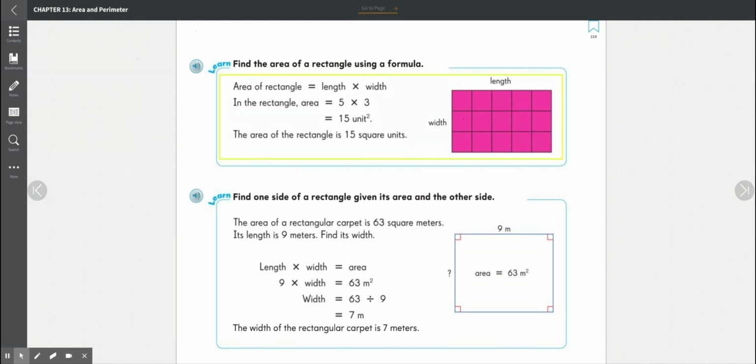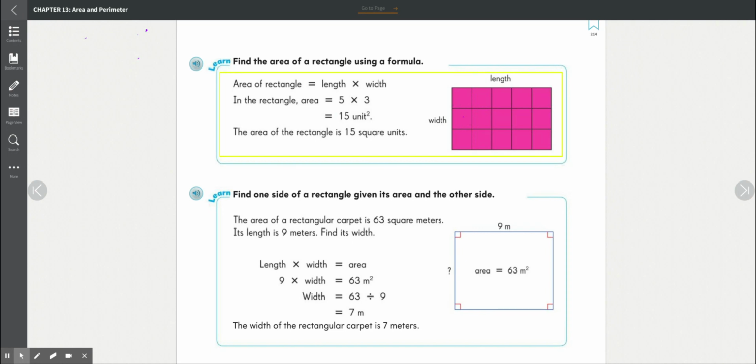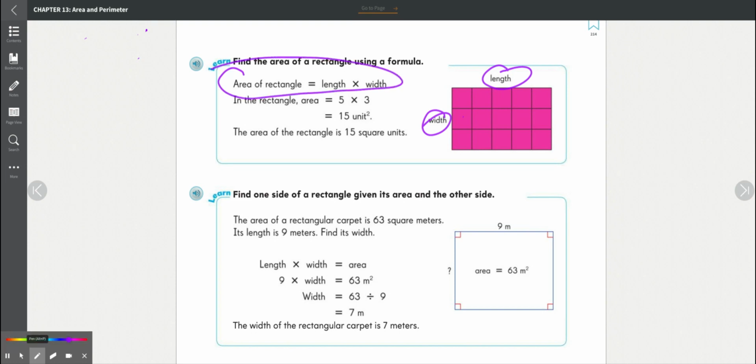But what we'll notice as we count these up is that I have 3 groups of 5 each. And we know that when we have groups, we can multiply them together, right? I have 5 groups of 3, or you could say 3 groups of 5. So for my area, I can just do 5 times 3, or length times width, and that's going to give me my area. So the formula for the area of a rectangle is length times width.